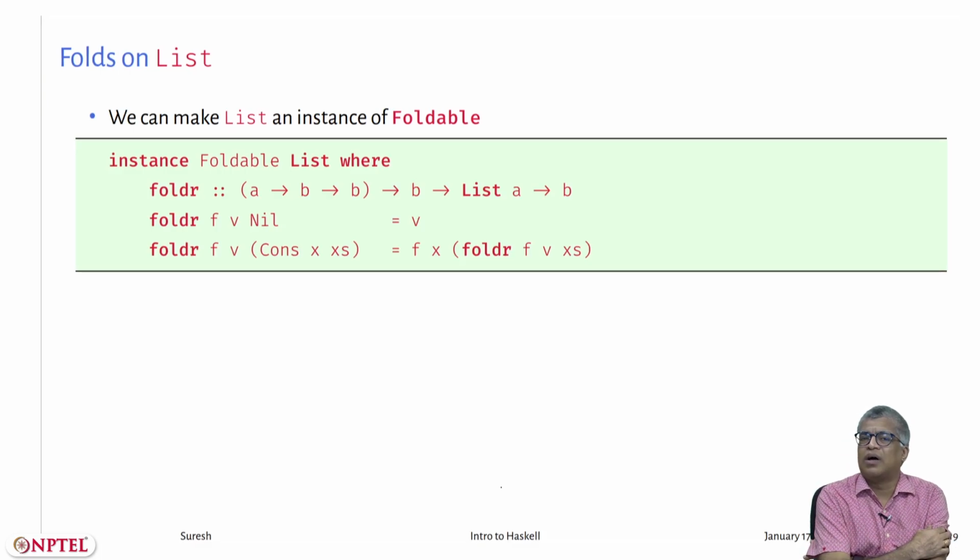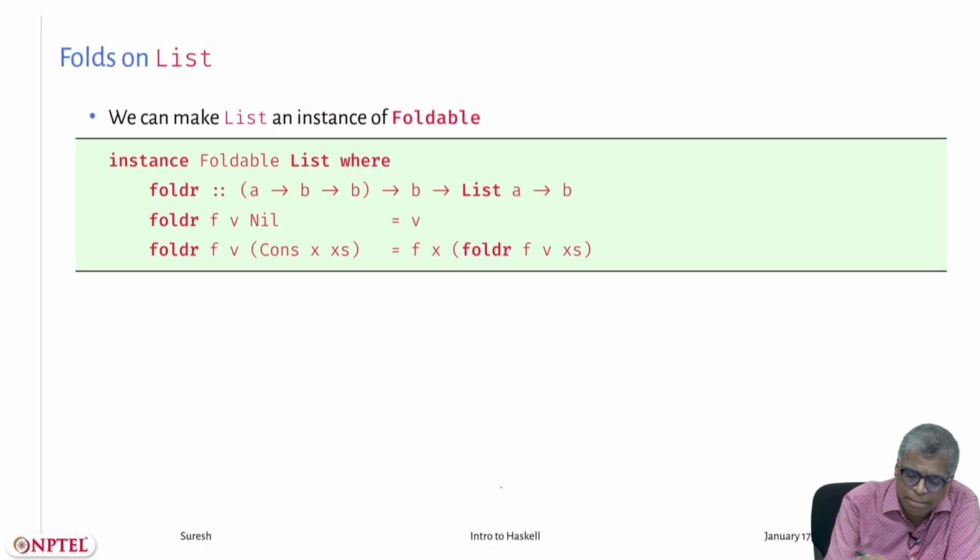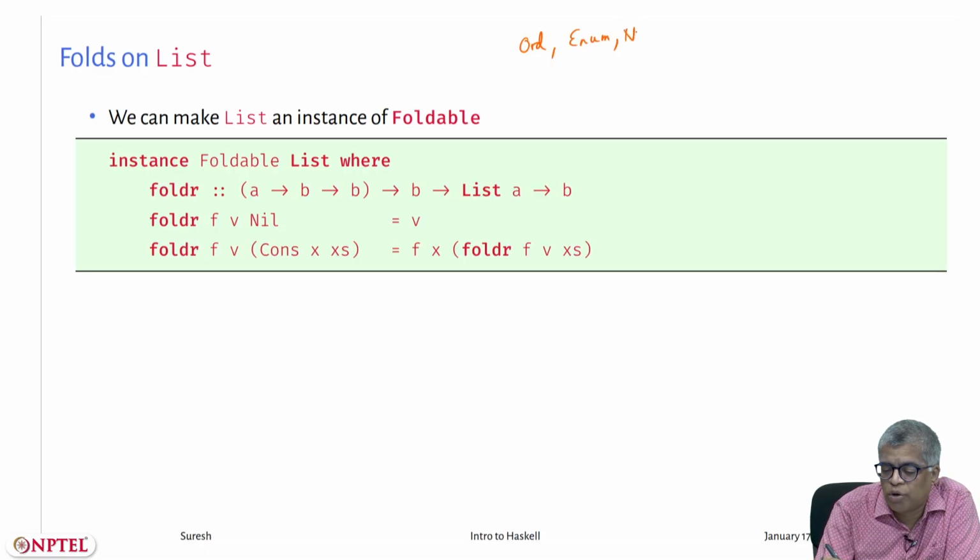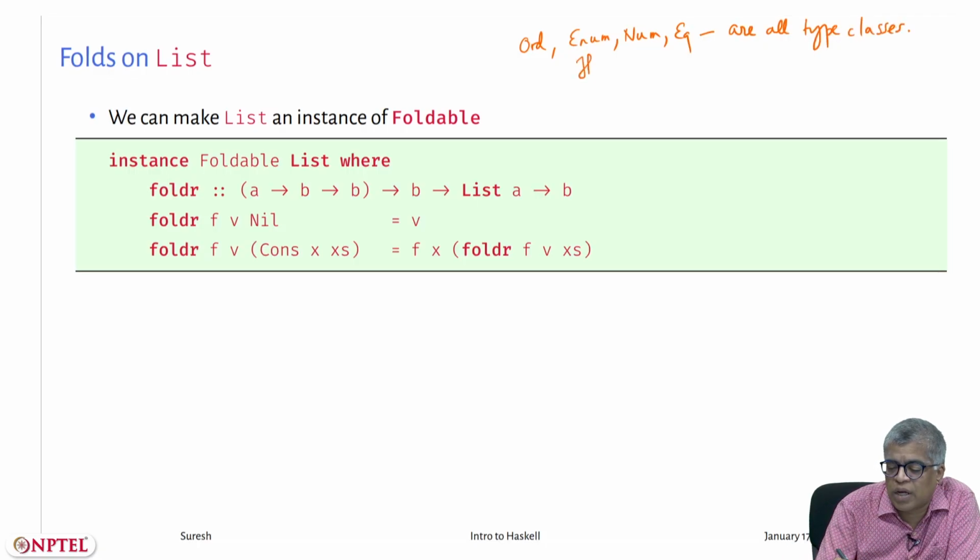Just like Ord, Enum, Numeric, Eq, etc. are all type classes. They constrain types. Now, foldable is a type class.